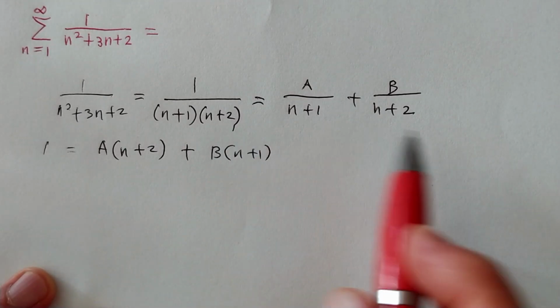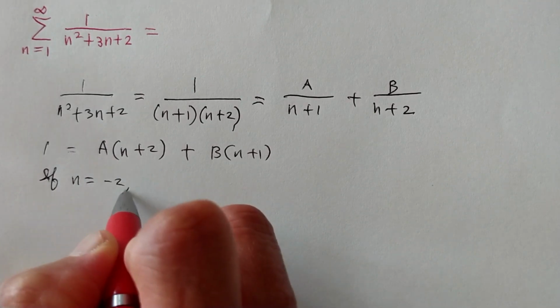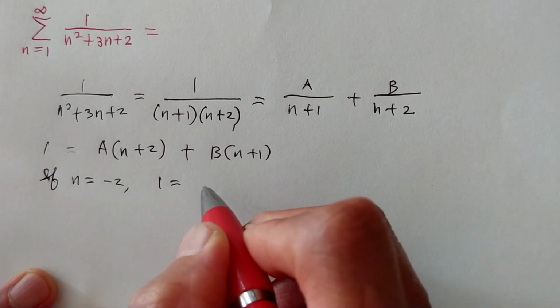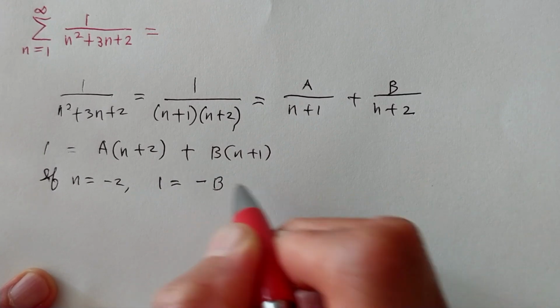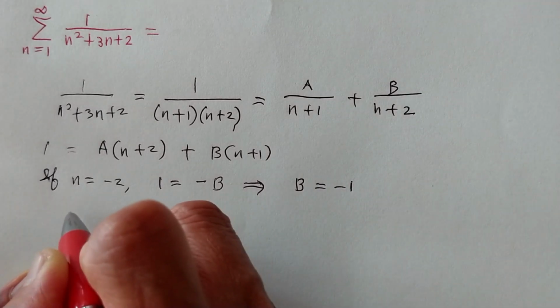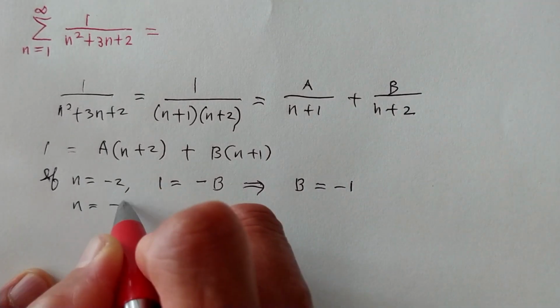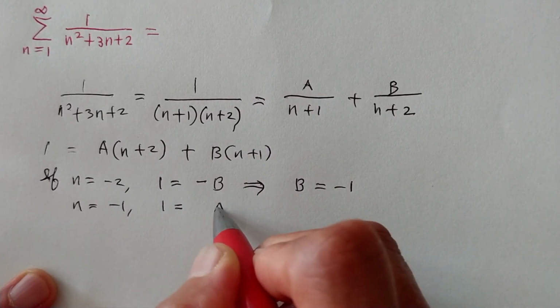I simply multiplied both sides by the LCD. If n is negative 2, then 1 is equal to negative b, which will imply that b is equal to negative 1. And if n is equal to negative 1, then we have 1 is equal to a.